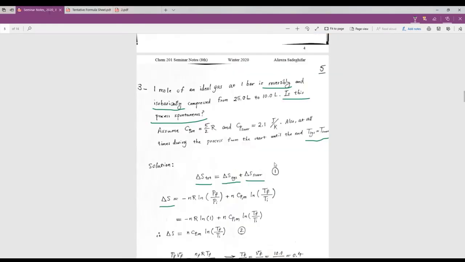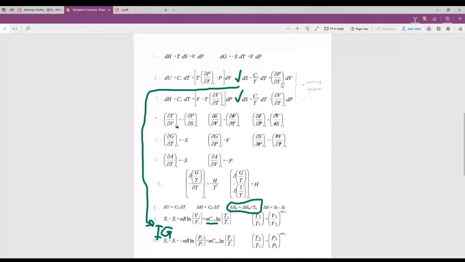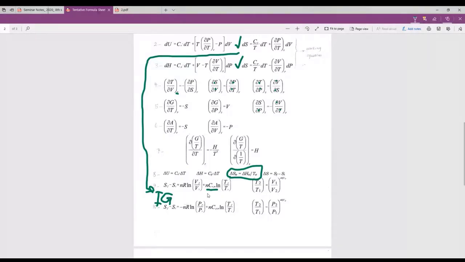We don't really want that. What are our other options to calculate delta S of the system? If we go back to the formula sheet, we had these two equations for ideal gases and for the case when C_V or C_P are constant, so we could use these simple equations. Which one we use depends on which gives us the fastest way to calculate what we need here, which is delta S of the system.